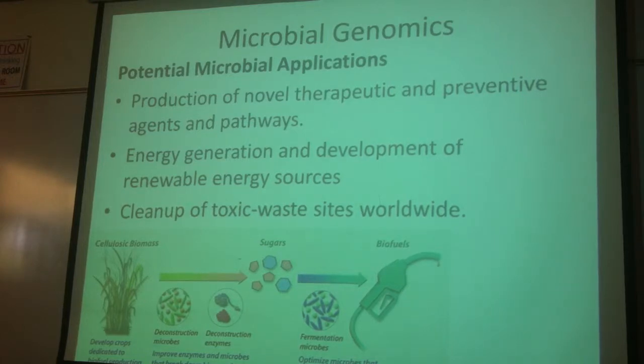But the more we know about the microbes, the better off we are, because we can maybe find new novel drugs or therapeutics or preventatives or pathways. Or we can also better understand them so that we can know how to kill them. So it's one of those things where the more we know about everything around us, the better. We're either going to take it as information, just for us to learn and preventative, therapeutic, or it's a pathogen. We want to know how to kill it without hurting us.